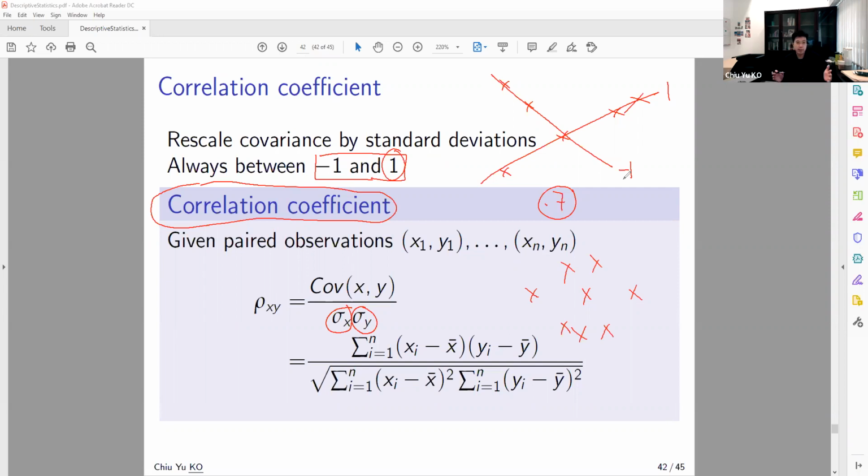Usually they compare the two different variables. Suppose you look at the relationship between income and education. Probably in Hong Kong the correlation is high, because education is rewarded a lot. The earnings of a blue collar job and a white collar job differ a lot.